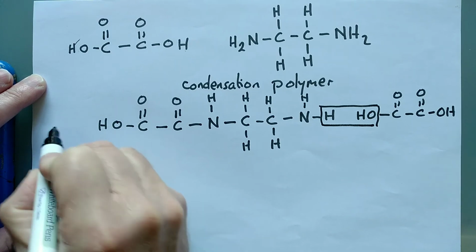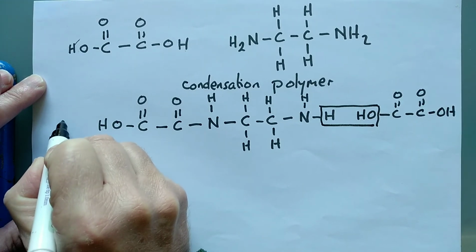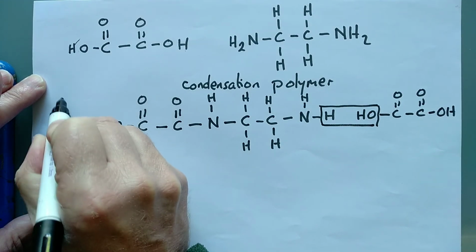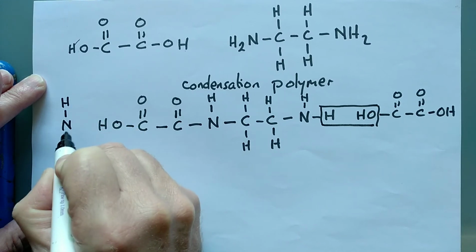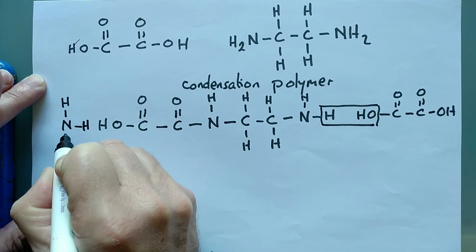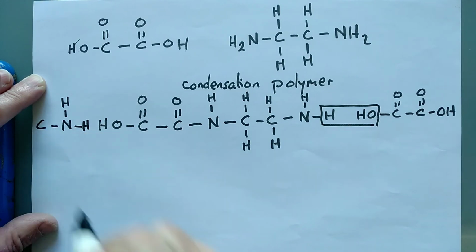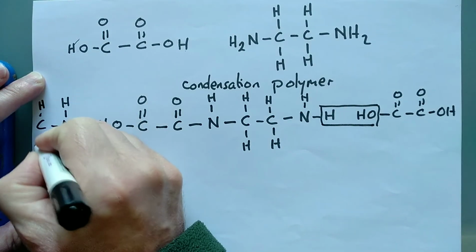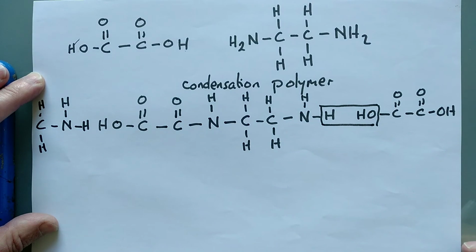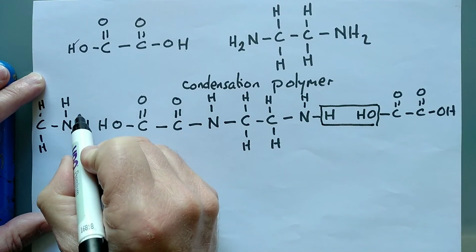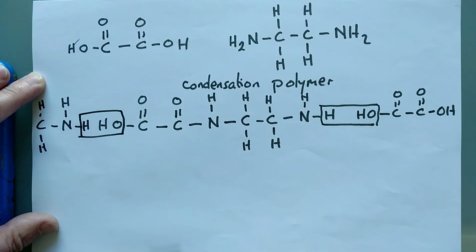And if there was another amine, let's say like this, I haven't got space to draw the full molecule. If there's another diamine at this side, you can see that this also will form a condensation polymer, and you will end up with a great big long chain.